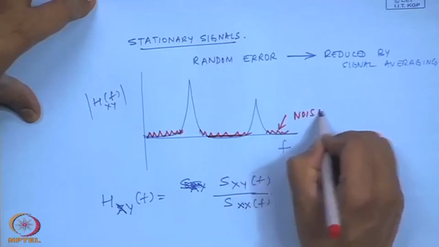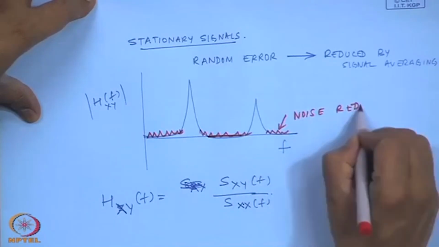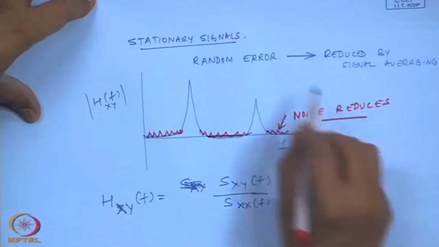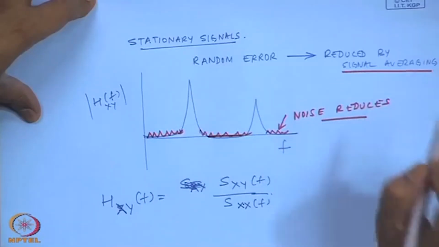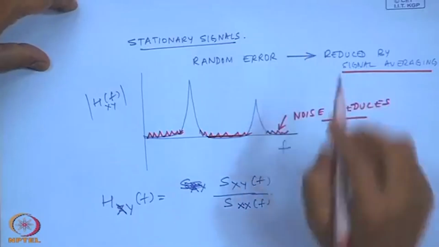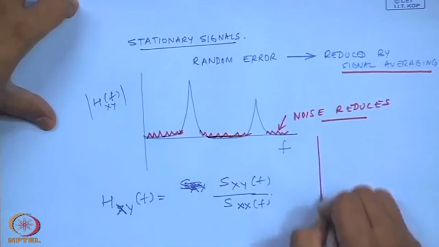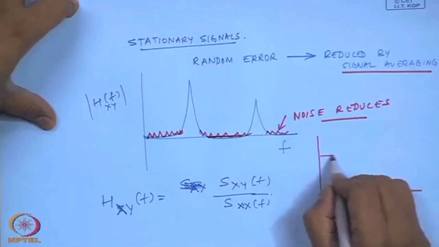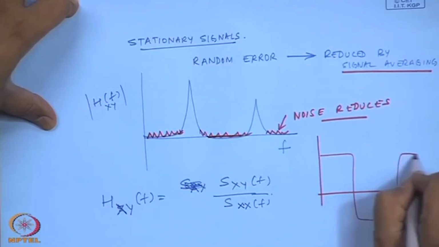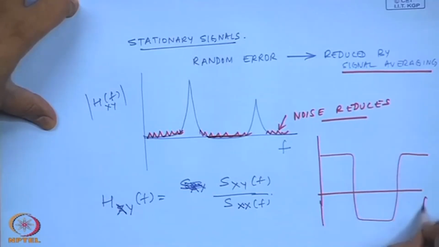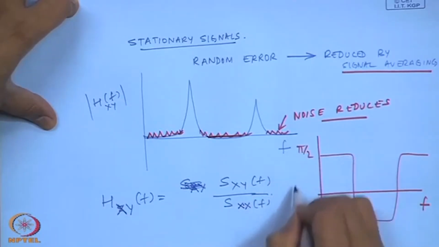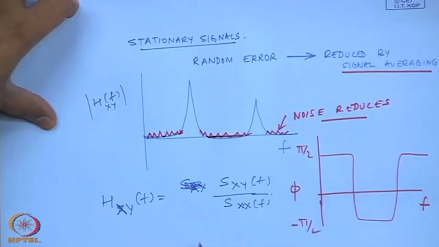Noise reduces by signal averaging. Now, similarly, if you look at the phase of the transfer function, it is also pretty nicely defined.